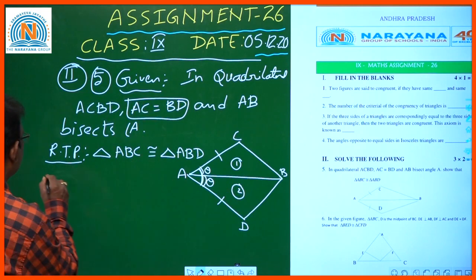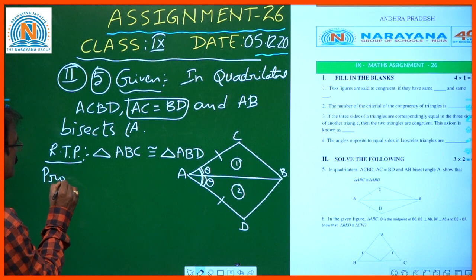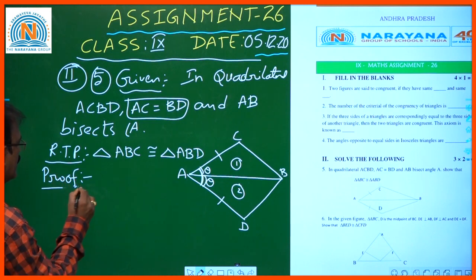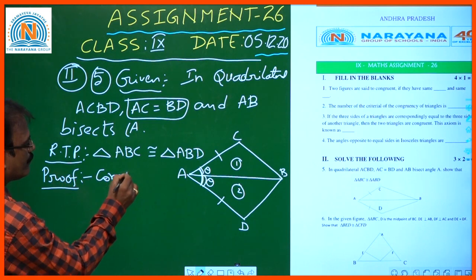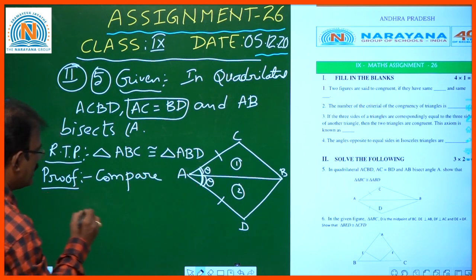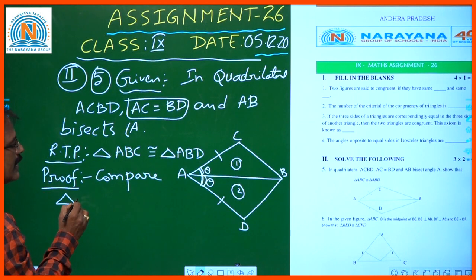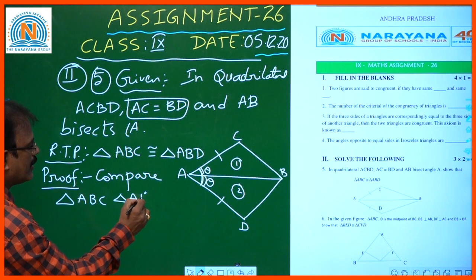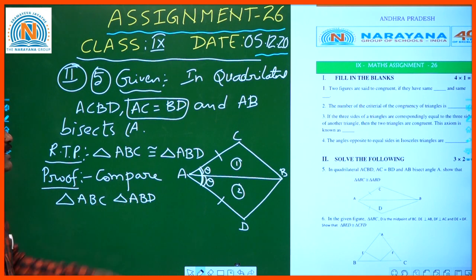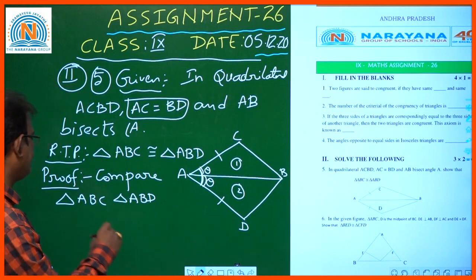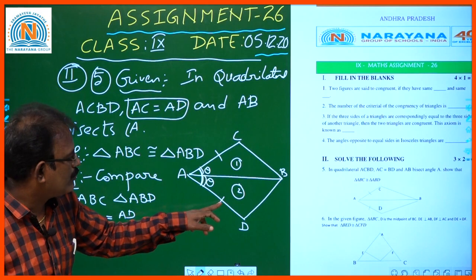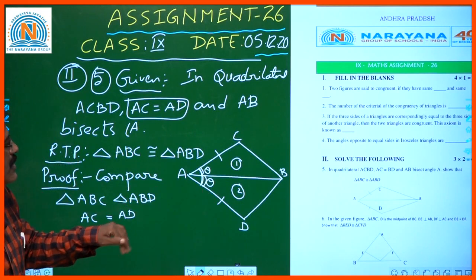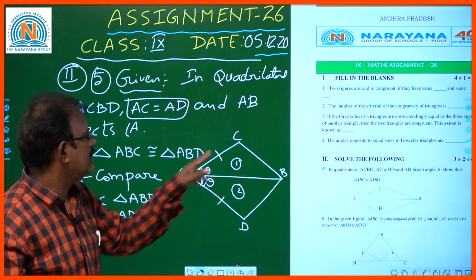How to prove? Compare triangle ABC and triangle ABD. Children, here AC is equal to AD. This is there in the given information. Another piece of information: AB bisects angle DAC.